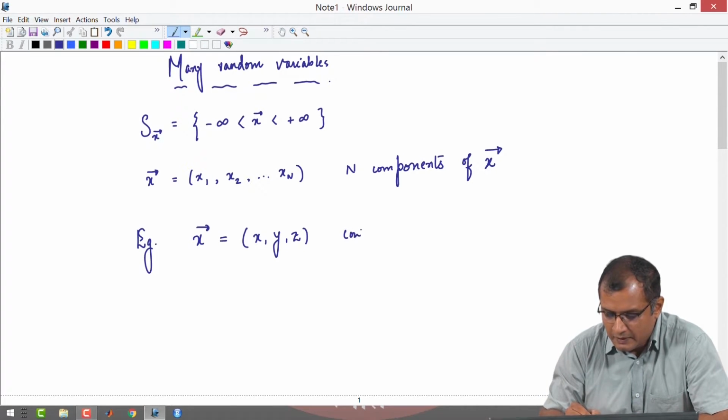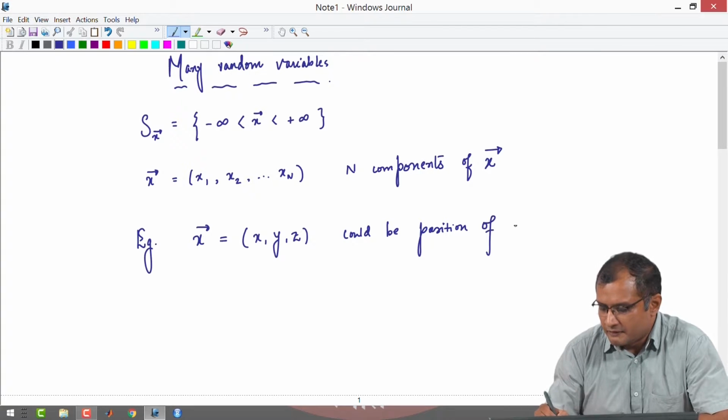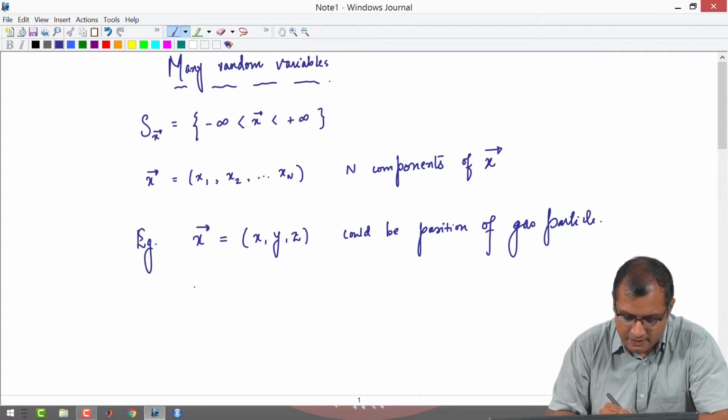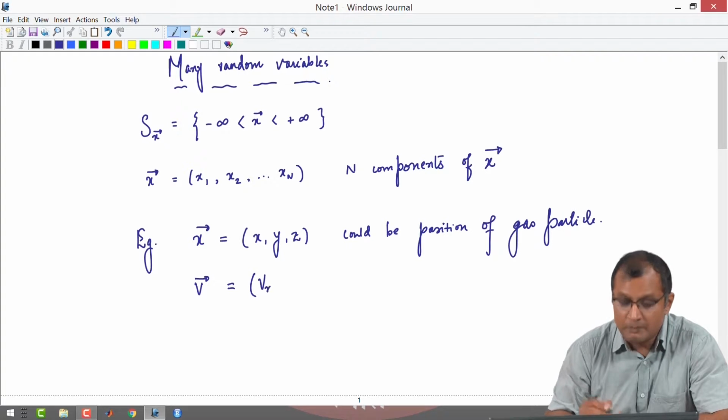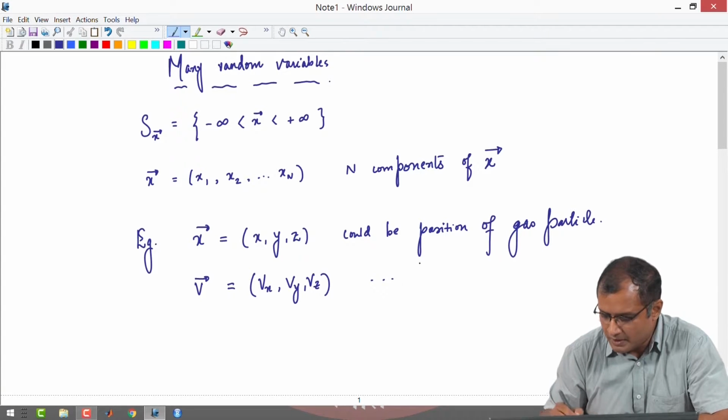Or you could take x as velocity. In that case, you would have three components for the velocity of the gas particles in this room.